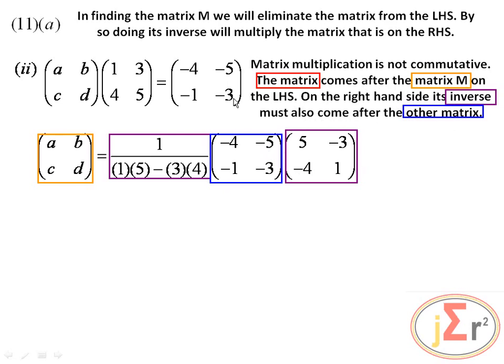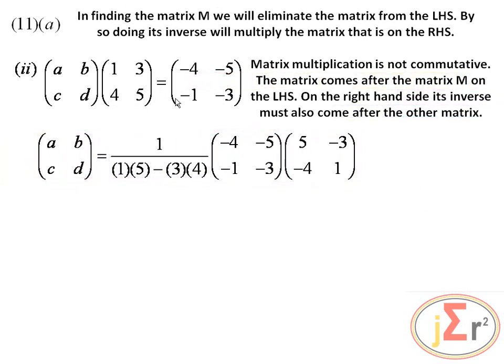So clarifying that, we are finding the inverse of this matrix, which we will multiply on this side. But this matrix comes after the matrix M on the left hand side. Therefore, its inverse will come after this matrix on the right hand side.